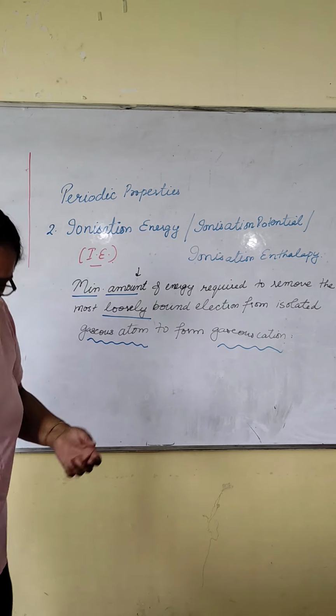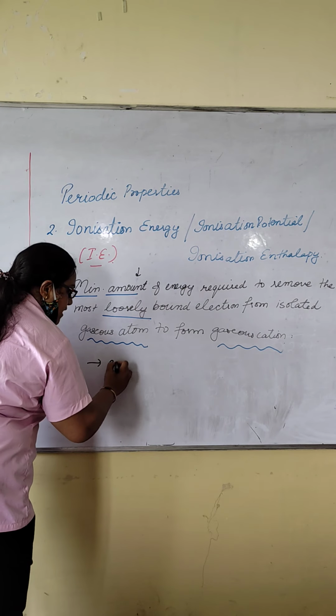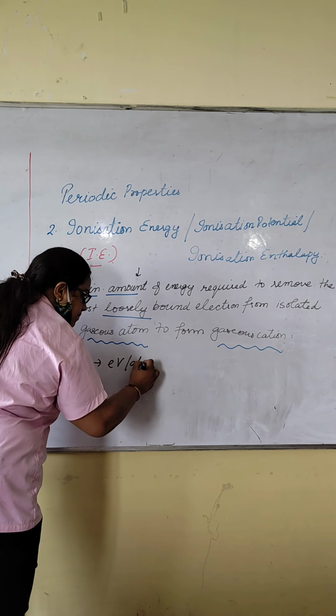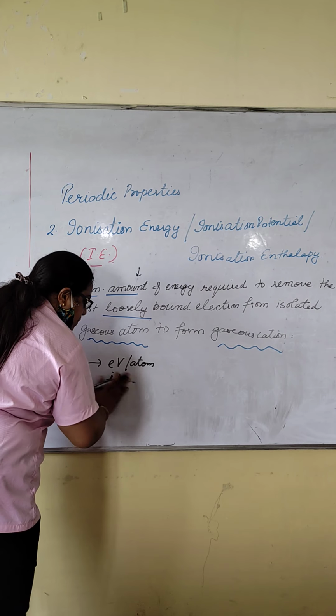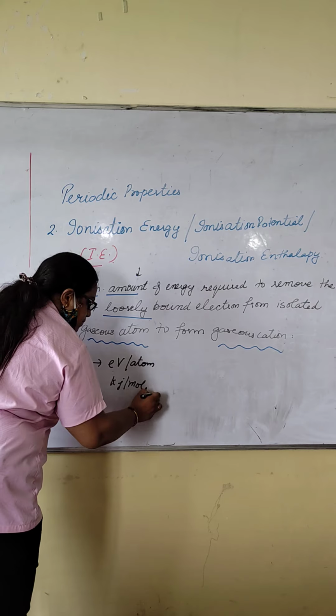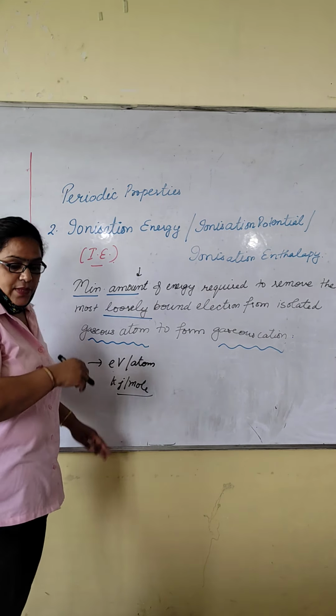Fine. So units of ionization energy are electron volts per atom, joule per atom, joules per mole or kilojoules per mole. Fine.